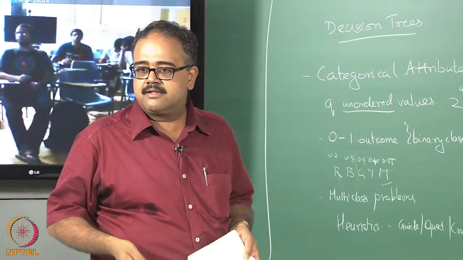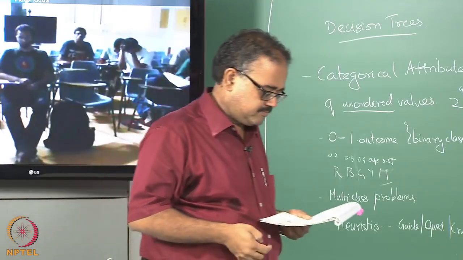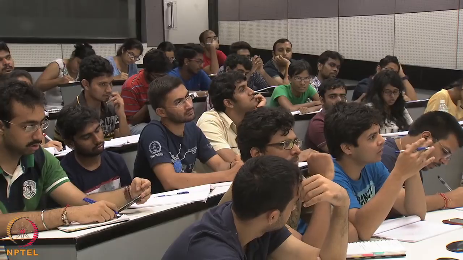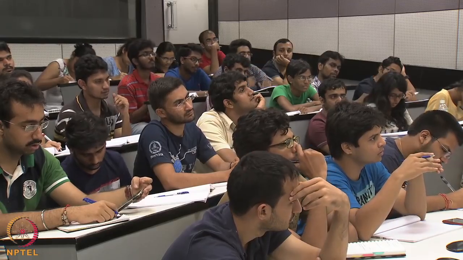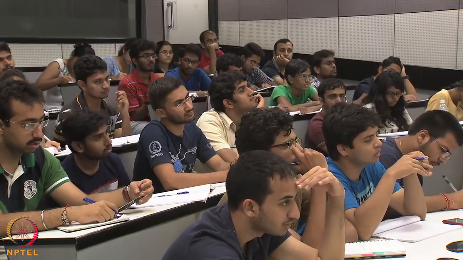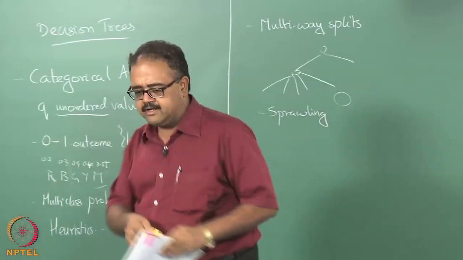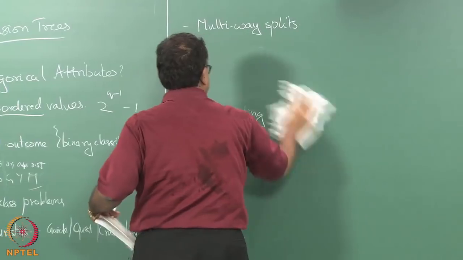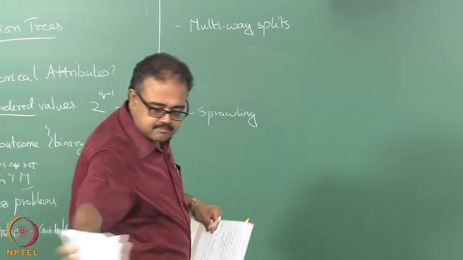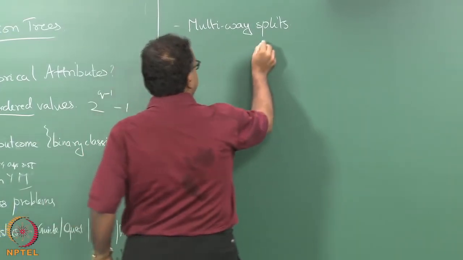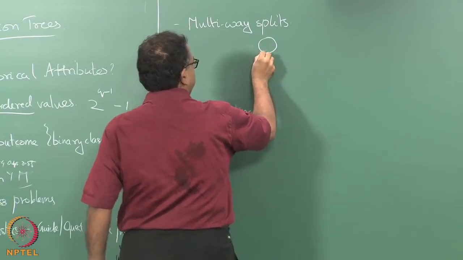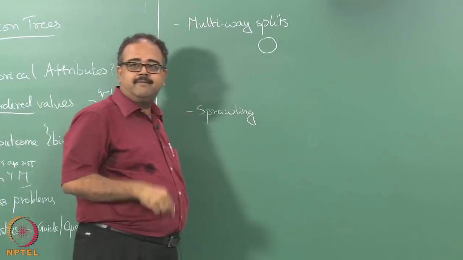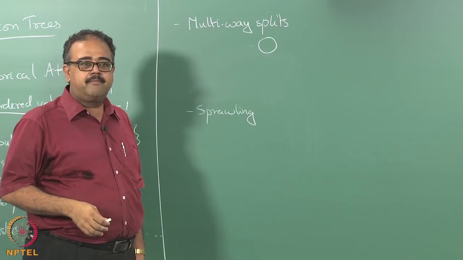How do we do multi-way splitting? For each attribute value you make a different branch in the tree, that is what I said. How do we compare two choices of splitting? There are no two choices. When you pick it, that's the whole point. I am eliminating the whole question of picking a split point.